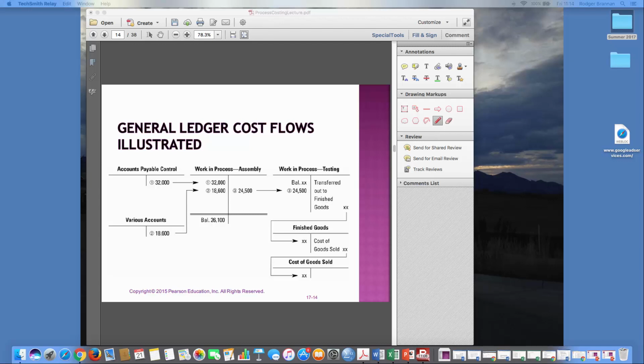In this case, we're actually transferring to another department, but I could also call this finished goods if I wanted to, it doesn't matter. So I would debit the next account, finished goods, or department B, if you will, and credit the work in process in the department I just finished.